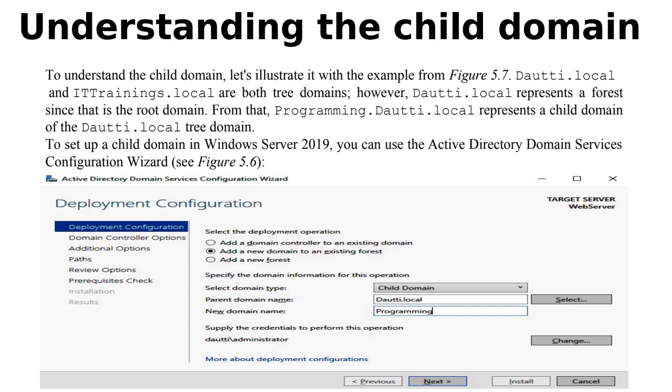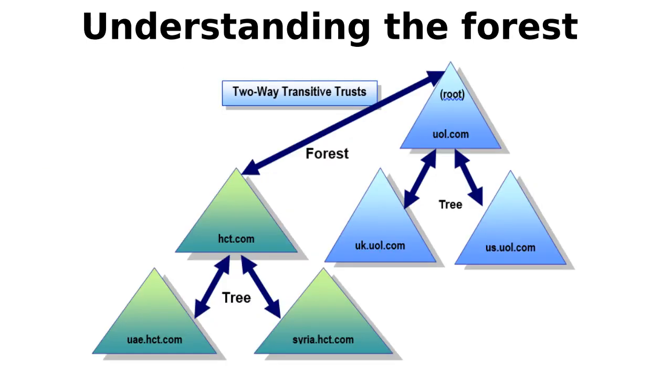In the previous lecture, we talked about parent domain and child domain, and we talked about forest. Here we have uol.com. This is the root domain of the forest. uk.uol.com is a child domain of UOL, correct?